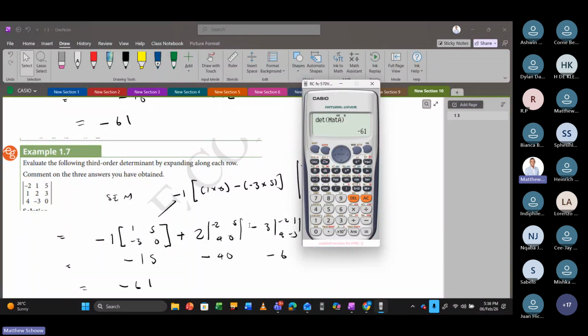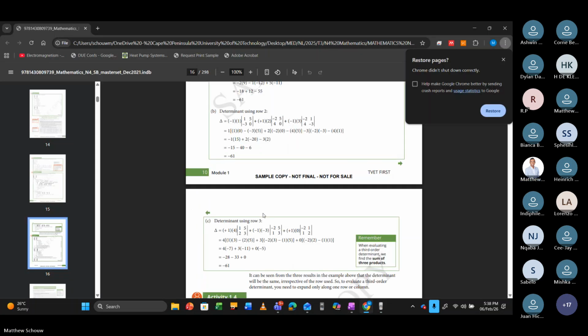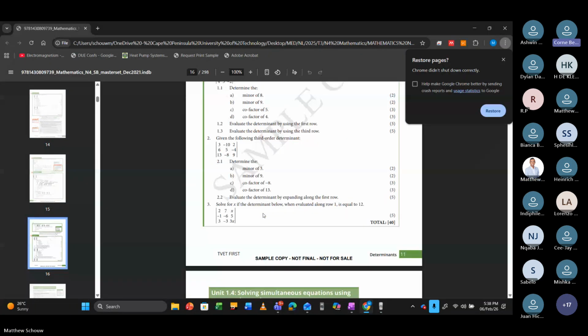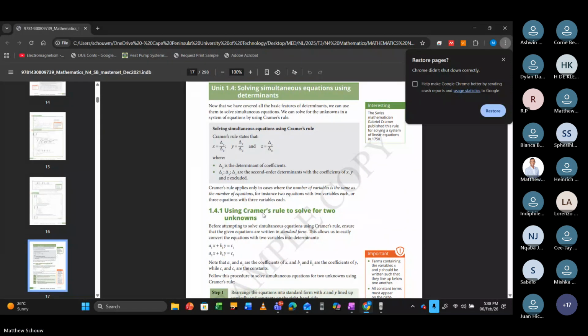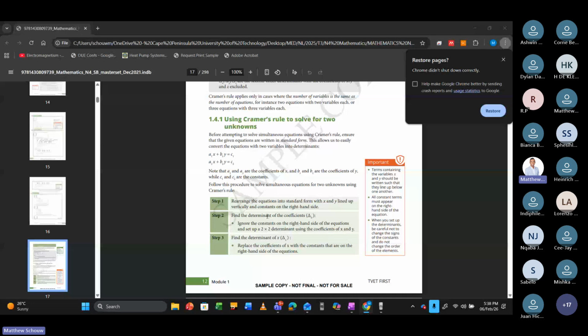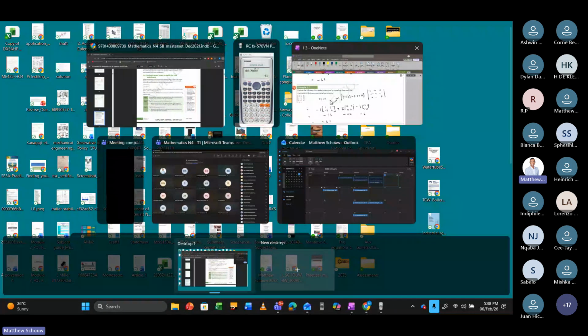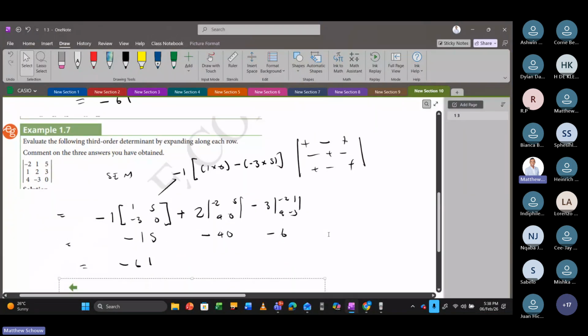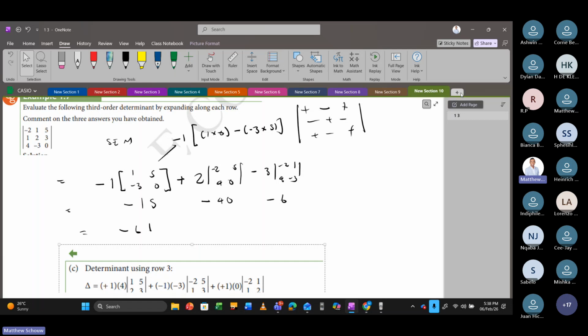Any thoughts about that before we move on? Or any questions? Yeah, I'm good, sir. Okay, perfect. So now that we know determinants, we're going to use determinants for one of the reasons, in fact, there are many reasons why.